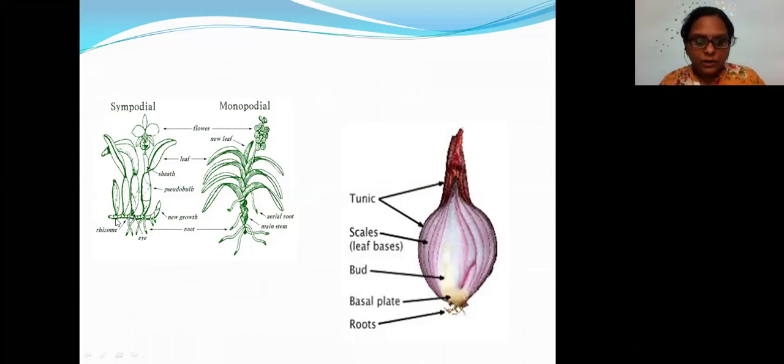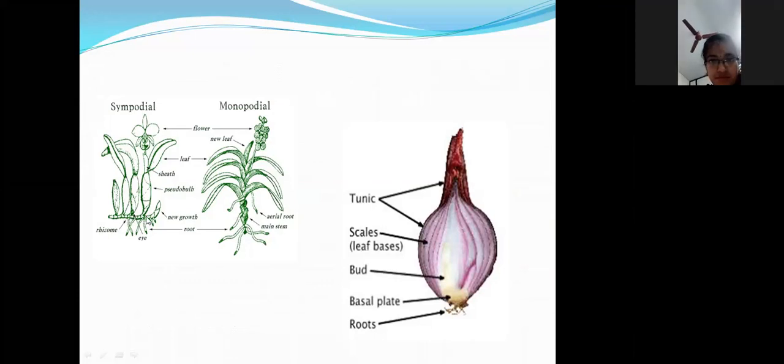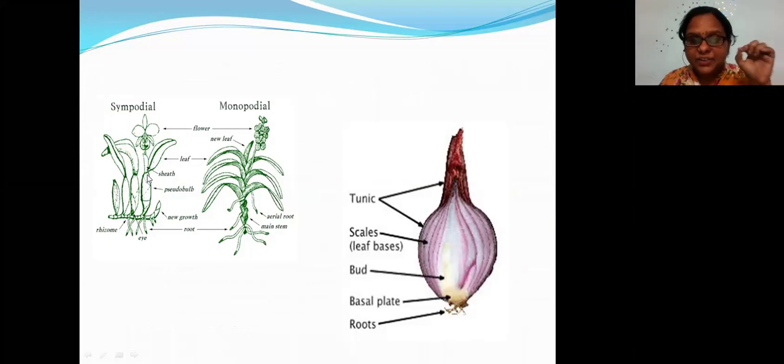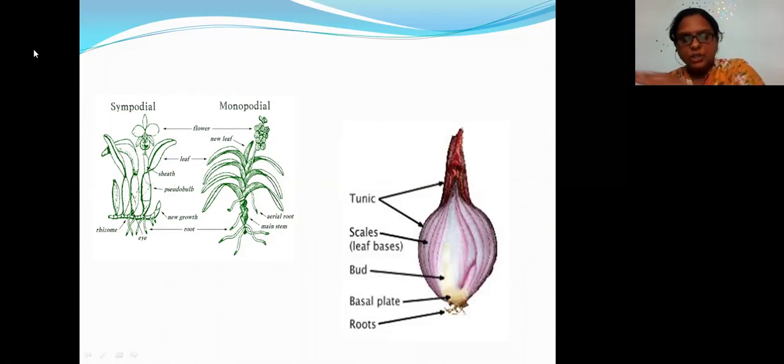Can you see one, then again one, and each and every part is developing from the lateral buds. In the sympodial, it's growing touching the ground. In the monopodial, you have first one, then next to that, third, fourth, so they grow in a vertical fashion.